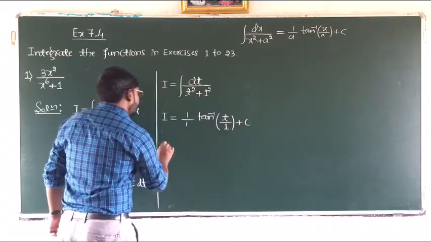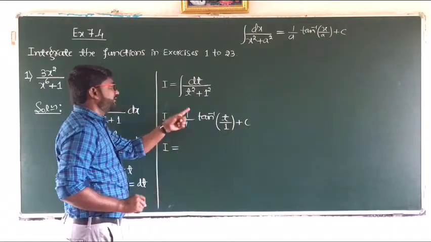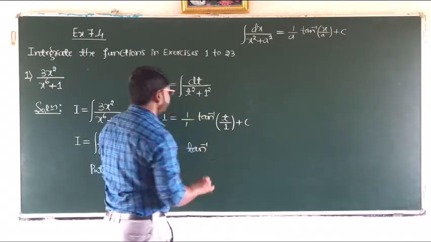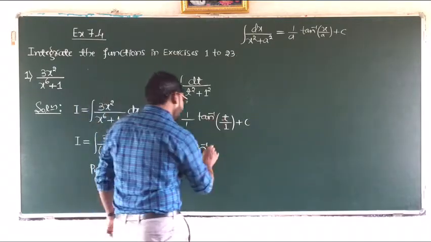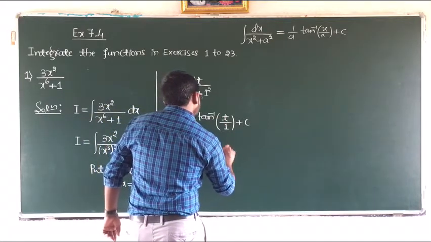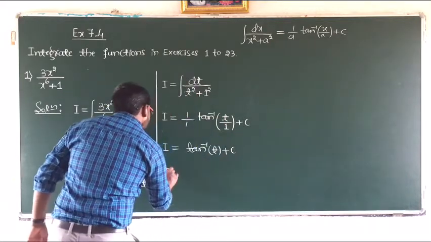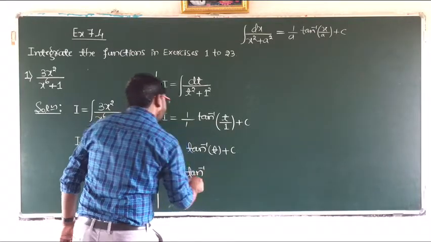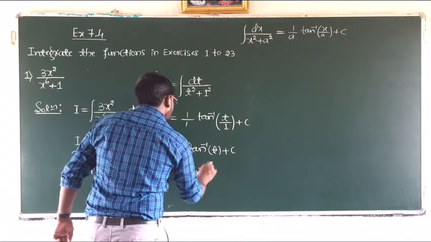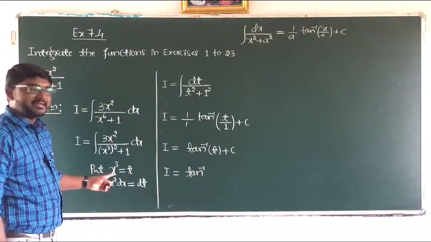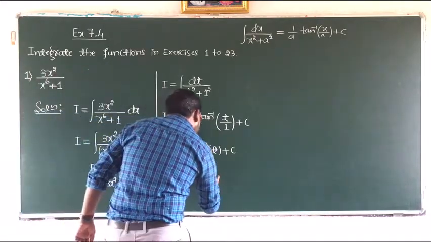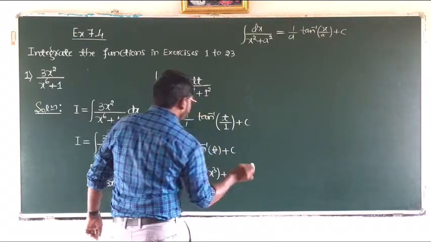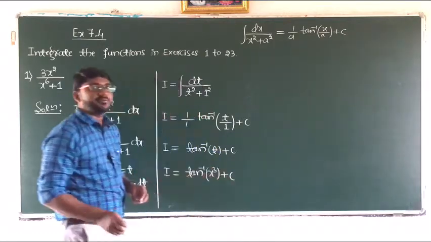So now I equals 1 by 1, which is 1, so tan inverse t by 1, it is t, tan inverse t plus c. So in the next step we replace t. What is t here? t is x cube, so tan inverse x cube plus c. So this is all about the first exercise problem.